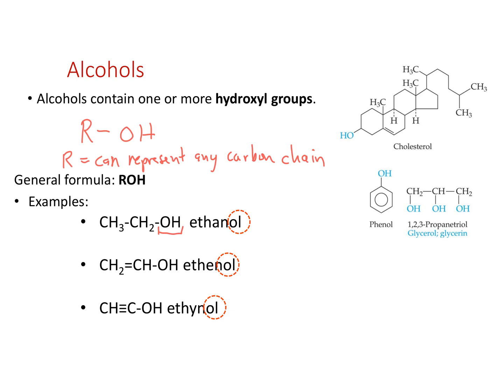So if I had a 2-carbon alkane, it would be called ethane. If I had a 2-carbon alkene, right, it would be called ethene. And if I had a 2-carbon alkyne, it would be called ethyne. So simply by adding that hydroxyl group, I know that the hydroxyl group is there because you've replaced the ending.